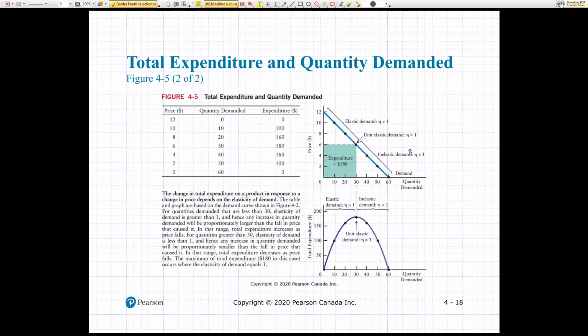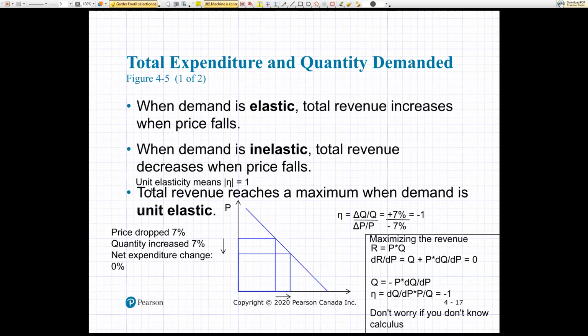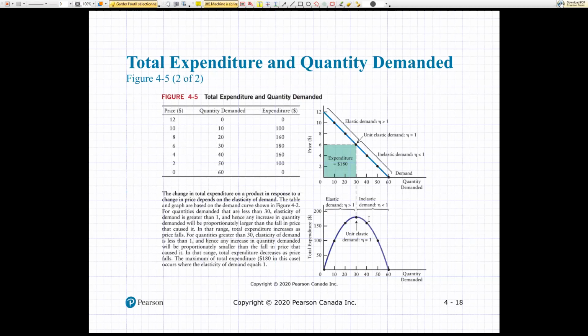So that's what they say here: total revenue reaches a maximum when the demand is unit elastic. And this is how you see it. Expenditure is maximized, and that is when the demand is unit elastic. So at that point here, the square is as big as it can get.